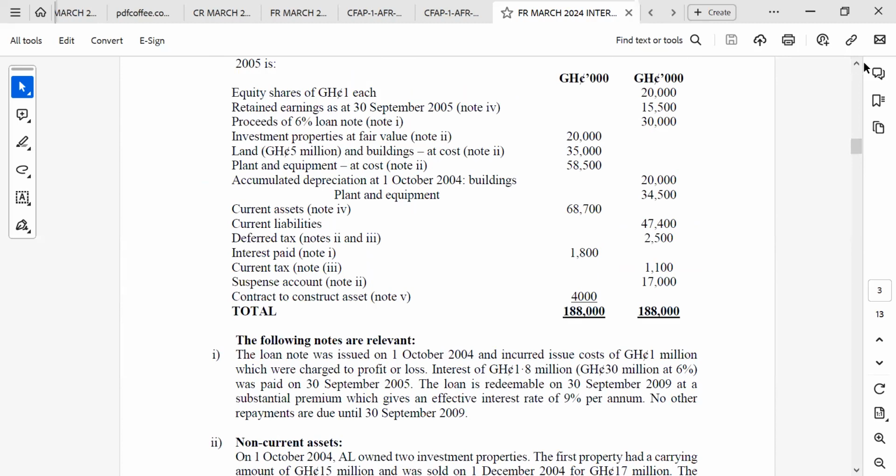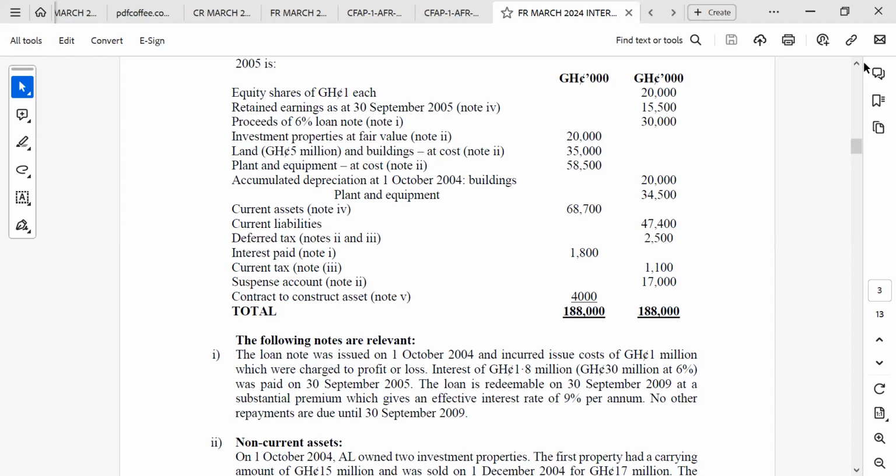Before we can do that, we need to know the carrying value because it is done on a reducing balance basis. So the depreciation for this year will be charged on the carrying value. It is reducing balance, not fixed. So the depreciation for every year is charged on the net book value or the carrying value at the beginning of that year. What is the cost of the plant? 58,500. What is the depreciation at the beginning of the year, plant and equipment? 34,500.